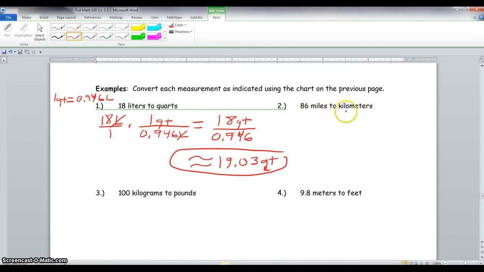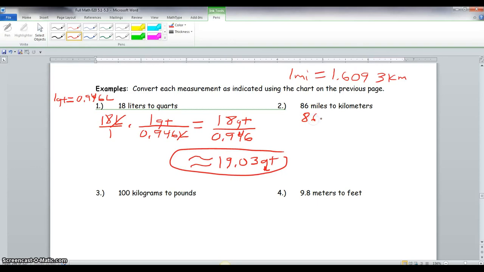We go to number 2. We had 86 miles to kilometers. So now we look here on the conversion chart again, and you look under length. I'm talking about the conversion chart that's right above this page on the previous page. So we have 1 mile is equal to, and I'll write that up here, 1 mile is equal to 1.6093 kilometers. And we will write this out.